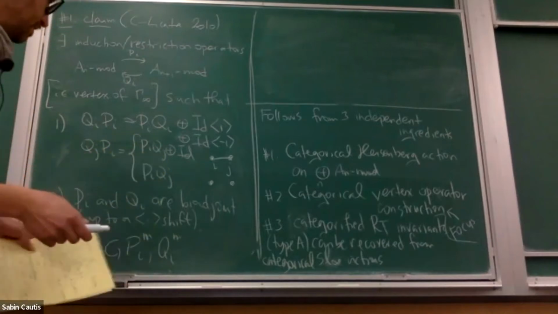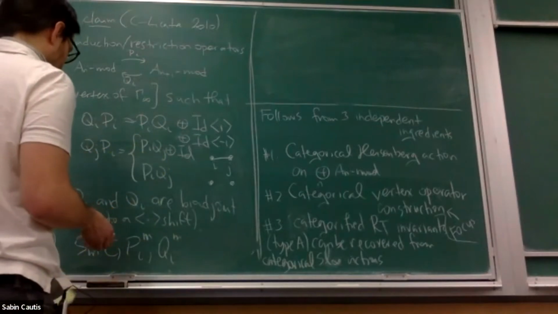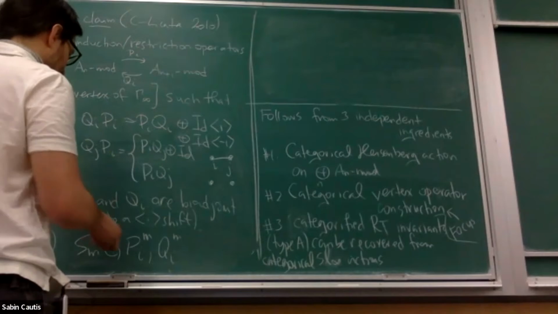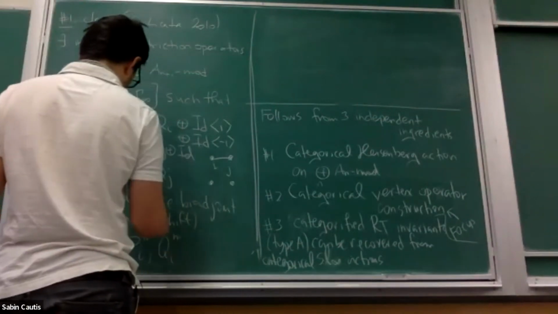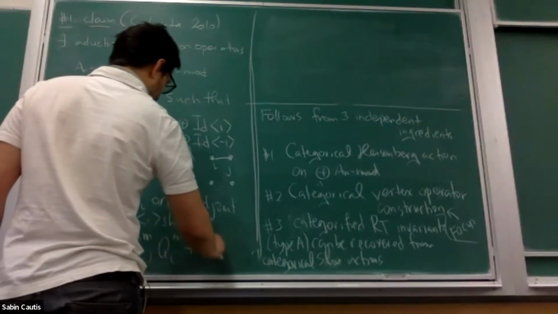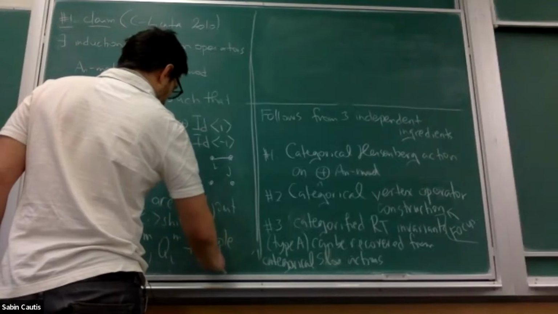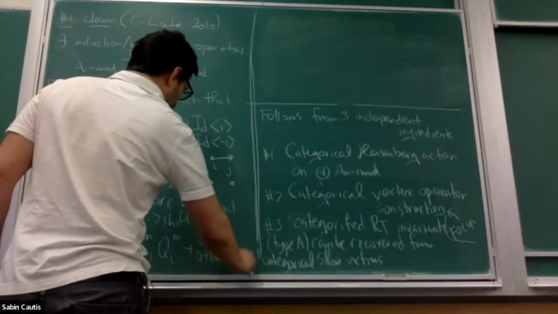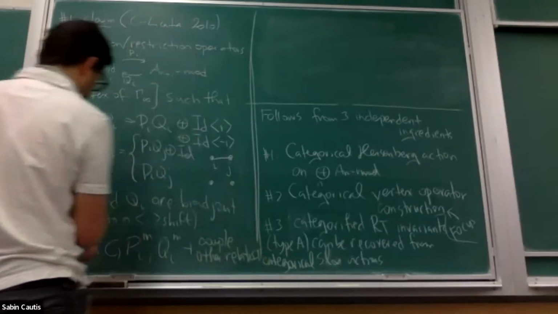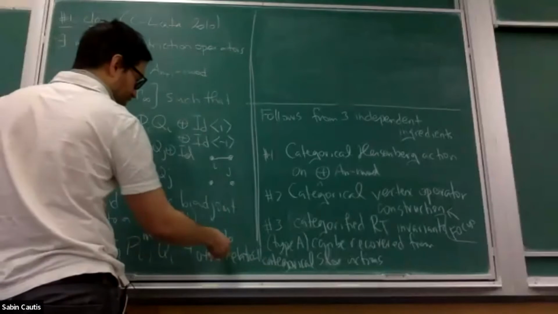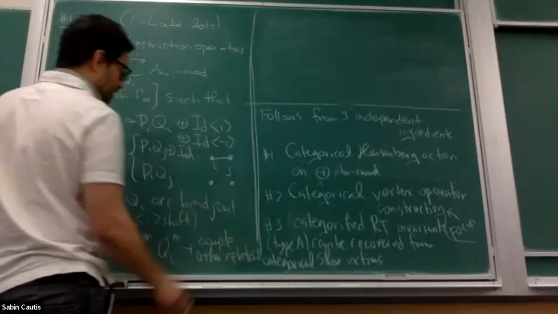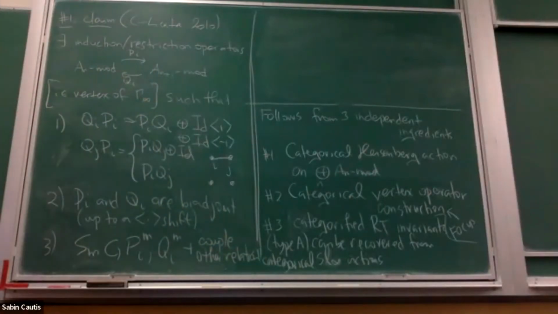Okay, and that's mostly it. There are a couple of other relations, at least natural transformations, of these functors. They're not complicated at all.